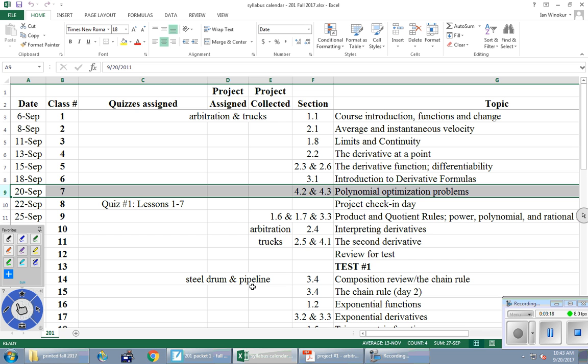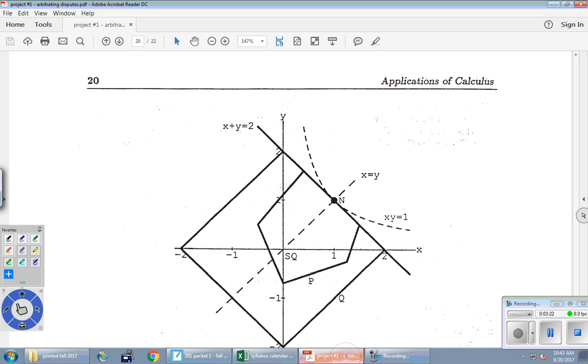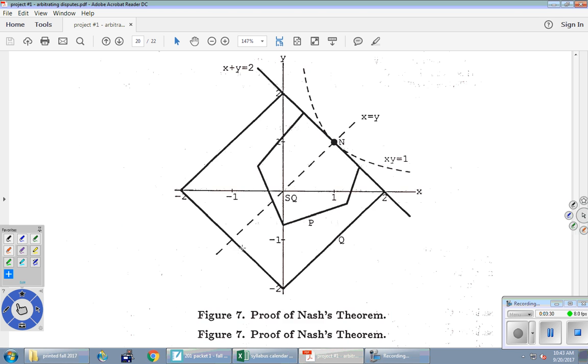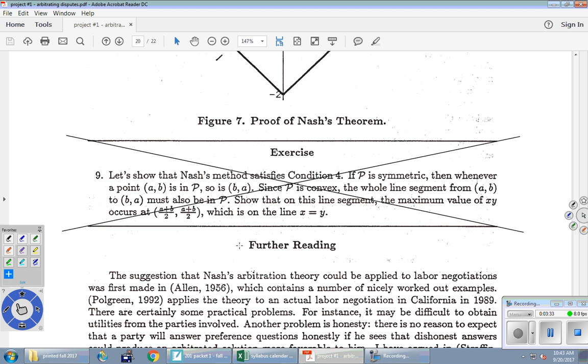Okay, and then one other thing before we jump in. Somebody pointed out, this is page 20 of the first project, the arbitration one. If it's handy, you can grab it. Otherwise, just make a note. Somebody pointed out that I had crossed off in this project all of the problems I didn't want you to do, but I forgot to cross off number 9.